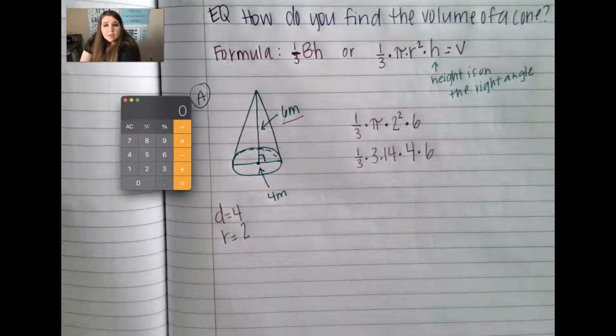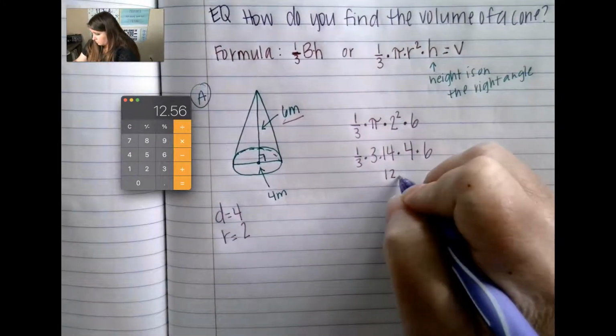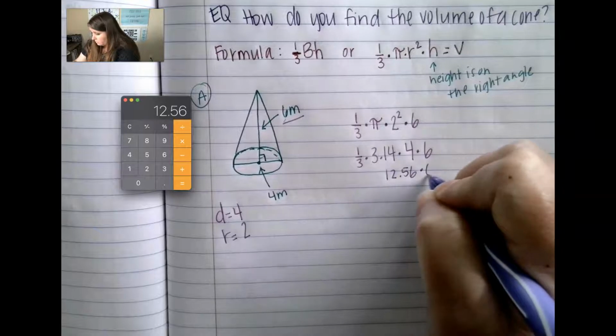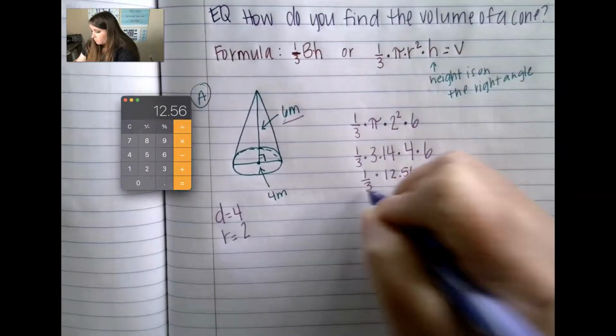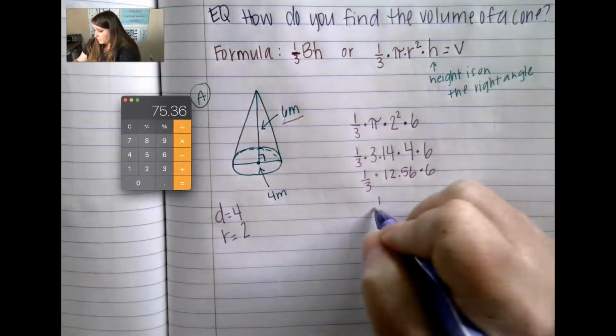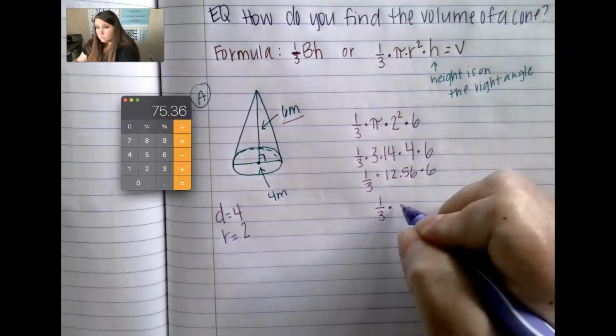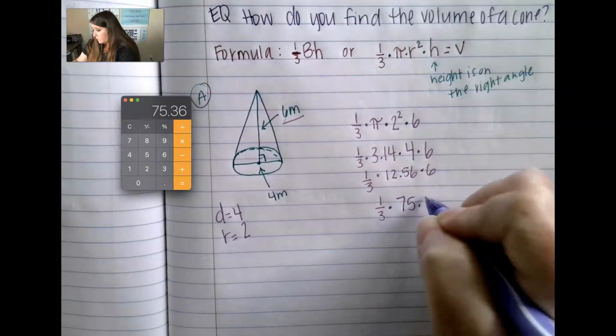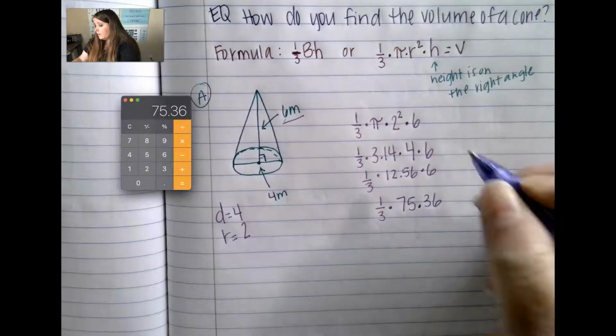We're going to start with 3.14 times 4, and that gives us 12.56. We're going to multiply that by 6, and that gives us 75.36, and then 1/3 of that.